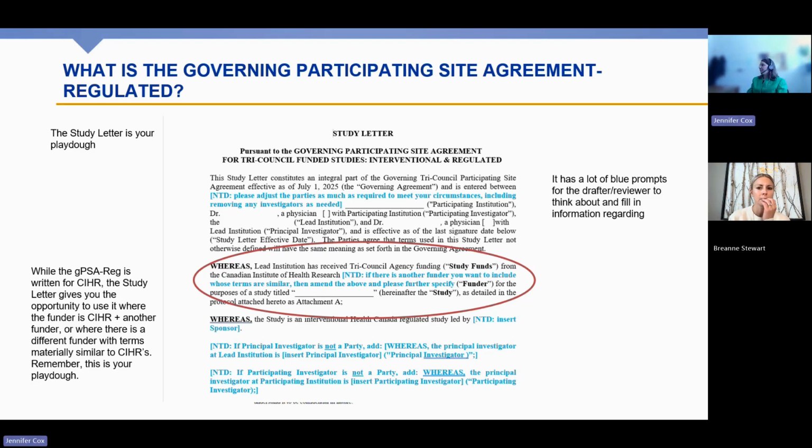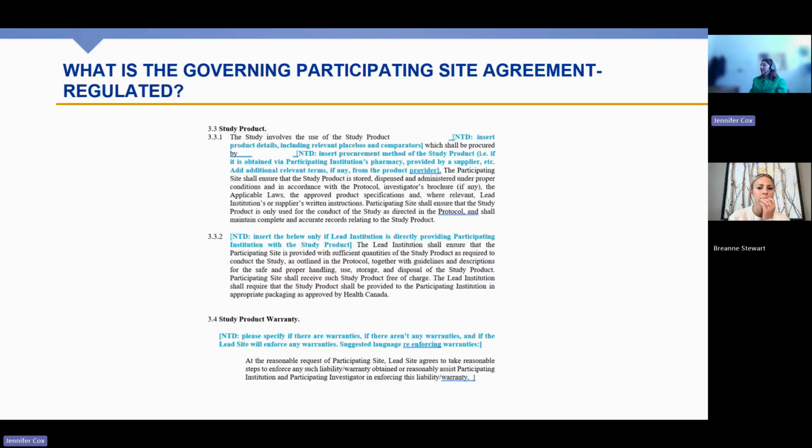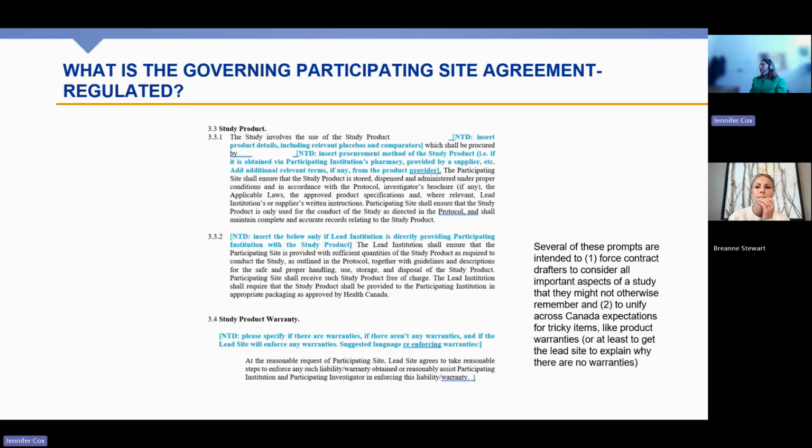All right. So then you'll see here more prompts to make you think about what are the really meaningful parts of a regulated participating site agreement. And so we spell out the phase, we spell out the sponsor, we talk about where samples are going. Another reminder, phase 4 are Health Canada regulated. We spelled out some of the really stickier points about study product warranty, and we want people to think about them and to anticipate the other side's going to ask about them, because they do.